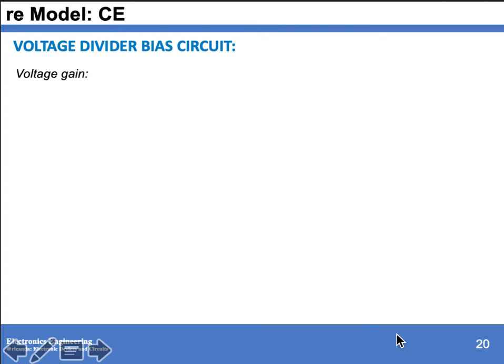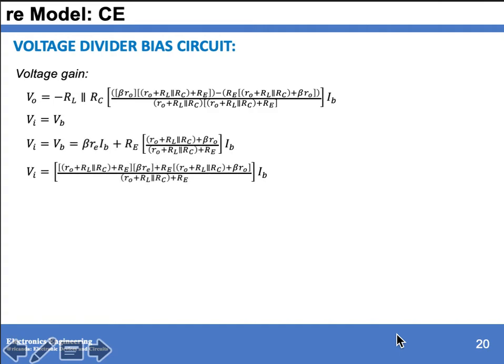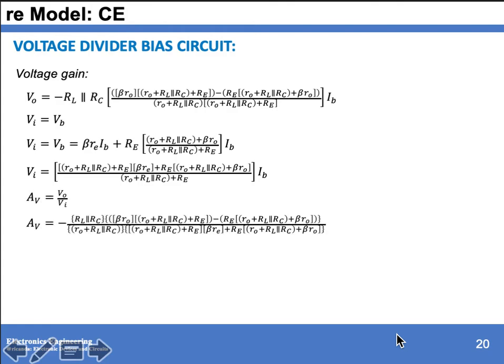Voltage gain, so we have already our BO and our BI, which is equivalent to our voltage base. So if we get the ratio of BO over BI, we have now this equation of your voltage gain, BO over BI. But our voltage gain is BO over BS.